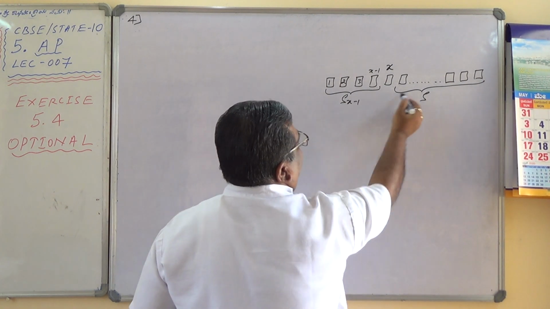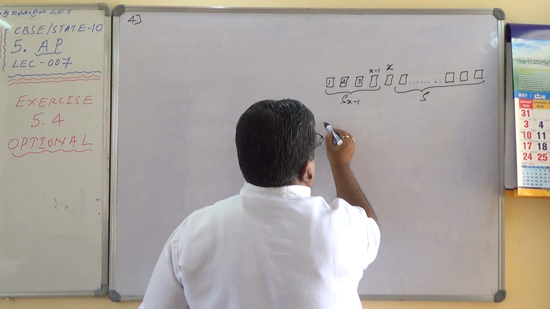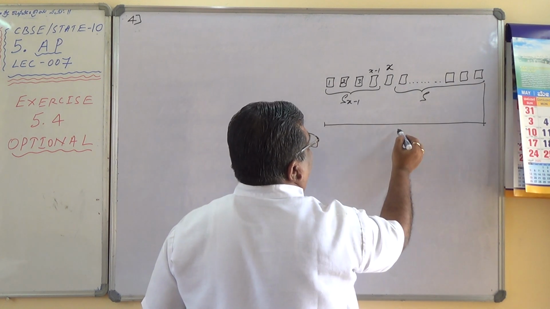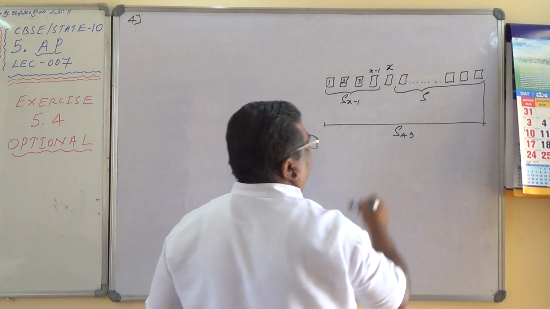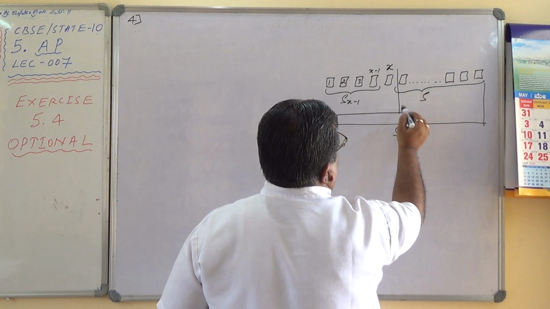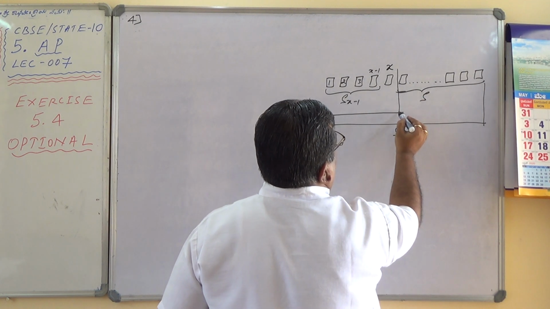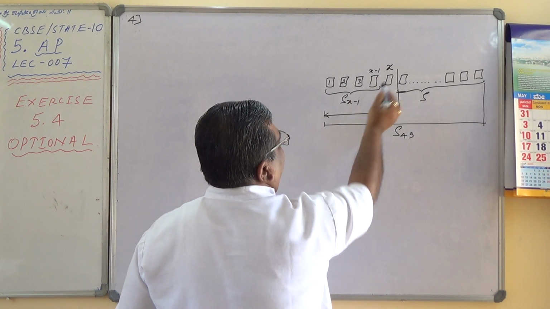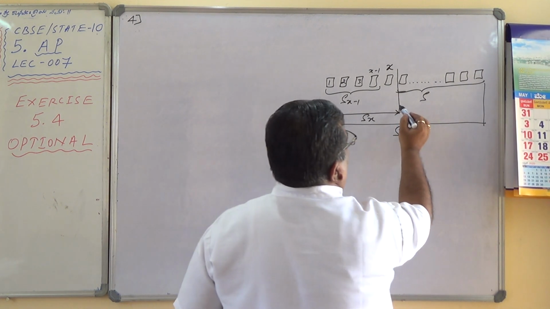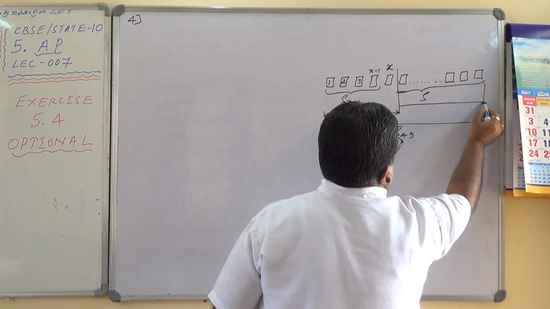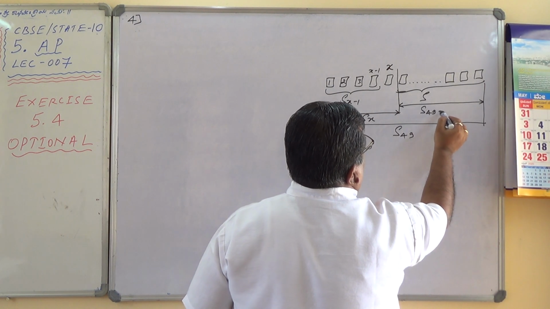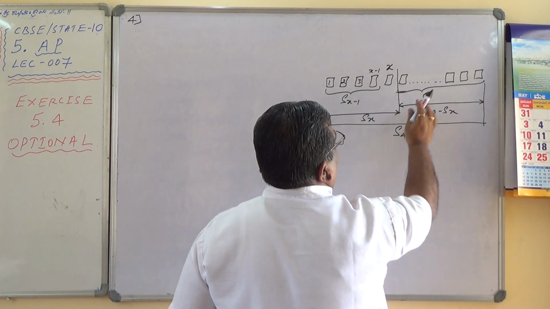Basically this sum can be calculated like this: from here to here sum of numbers of the houses is S49. From here up till this x, what is the sum here? Sx. And therefore from here to here this is S49 minus Sx. You understood?